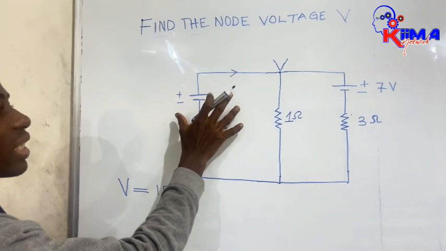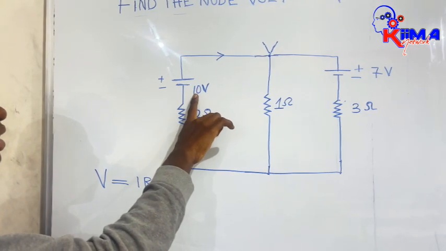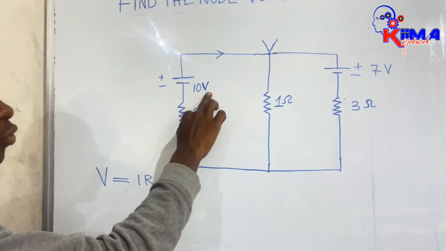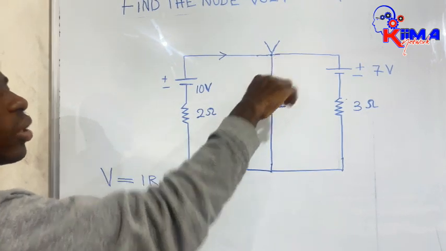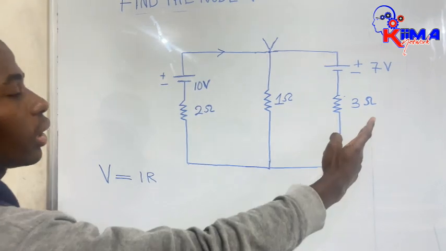For this circuit, we have the voltage here, which is 10 volts, and we have V here, the unknown value. We have three resistors, 1, 2, 3.